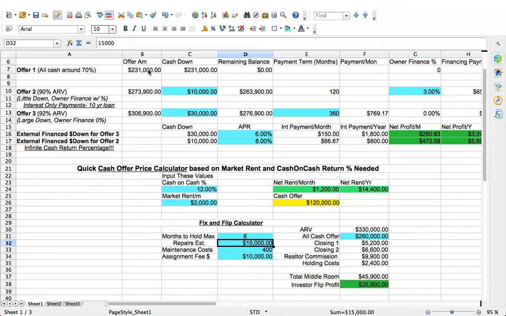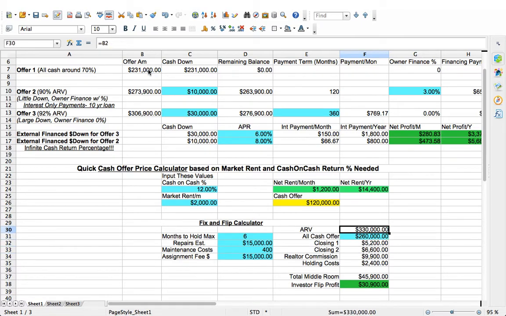Repair estimates 15,000, maintenance costs per month, which it pulls from the top left. What you want to make for an assignment fee, this is for all us wholesalers. So you want to make your $15,000 or what have you. And then it pulls the ARV from the top left.